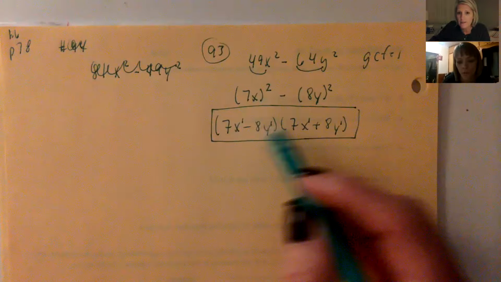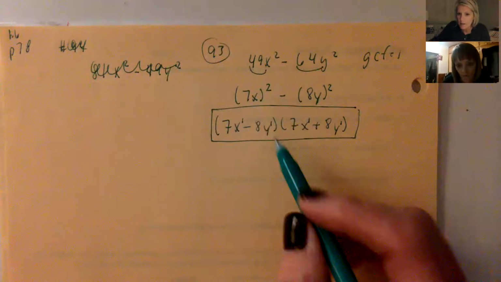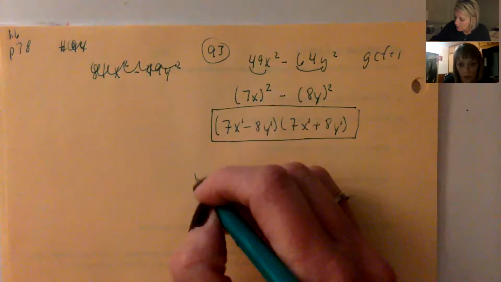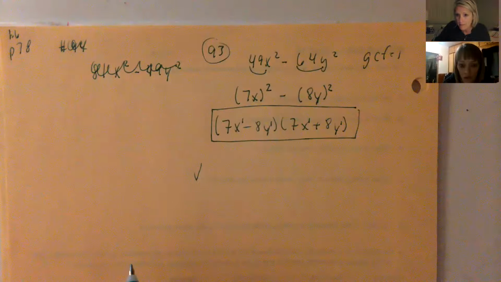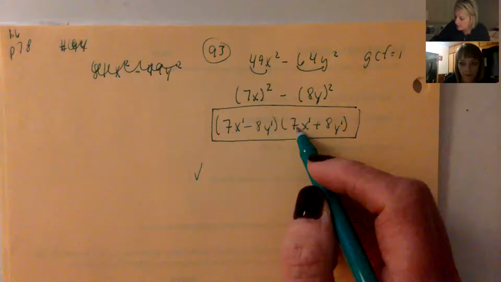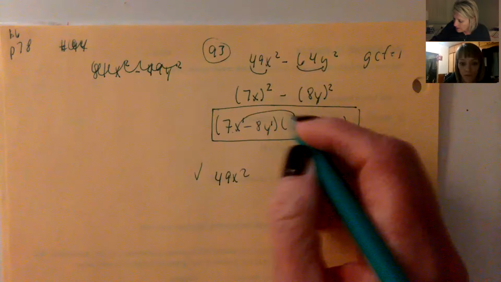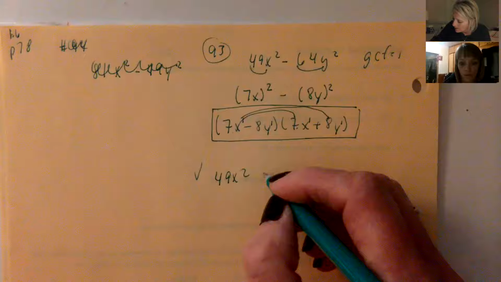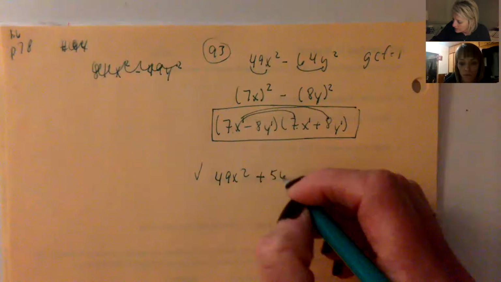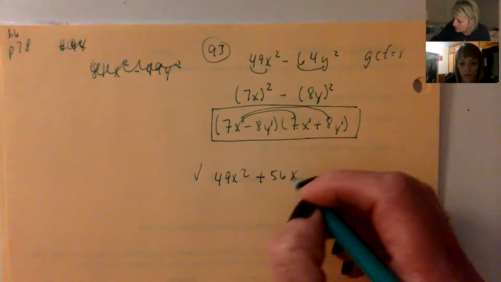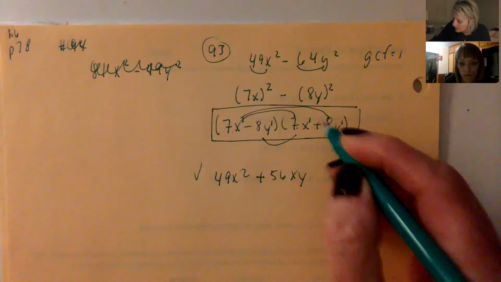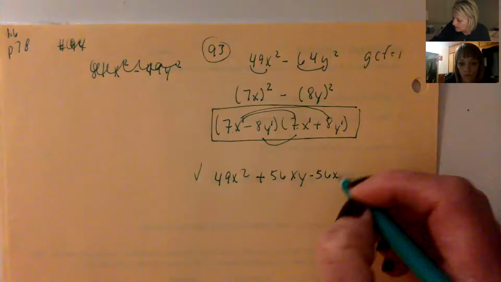So the reason it's a minus and a plus is because let's say we're going to check our work and we're just going to multiply this back together. We'll say 7X times 7X is 49X squared. And then 7X times 8Y is a plus 56XY. And then underneath we have a minus 56XY.